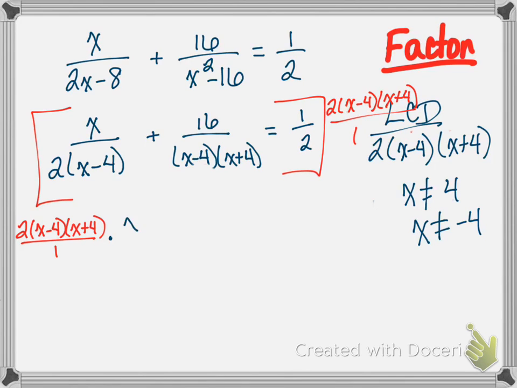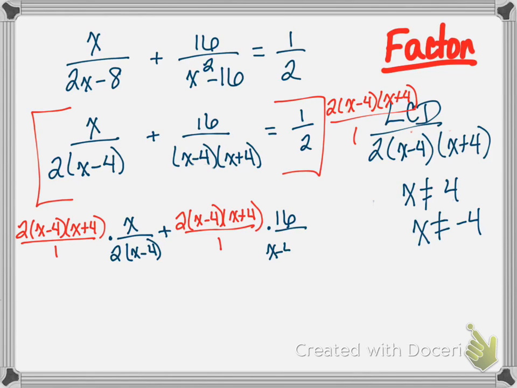And then I've got x over 2x minus 4. So the blue is staying the same. Then I've got 2 times x minus 4 times x plus 4 over 1 times 16 over x minus 4 x plus 4.